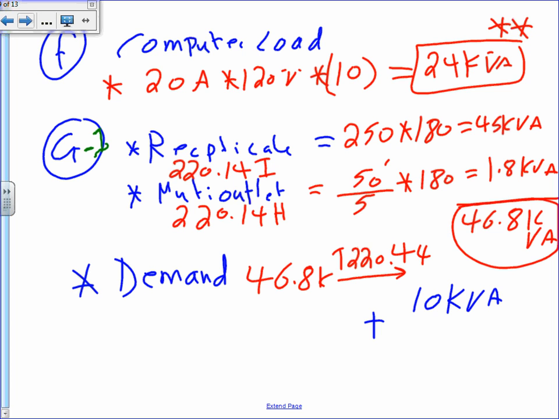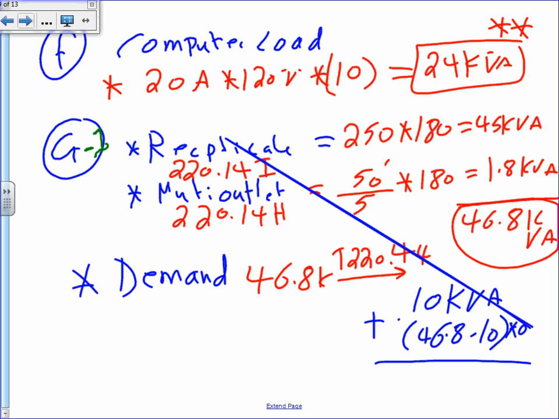Anything higher than 10, what do you do with it? 46.8 minus 10. You multiply by 0.5. We cut them by 0.5.